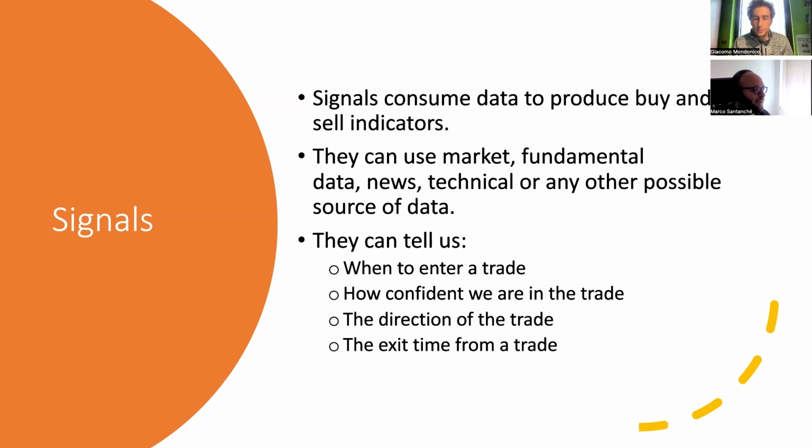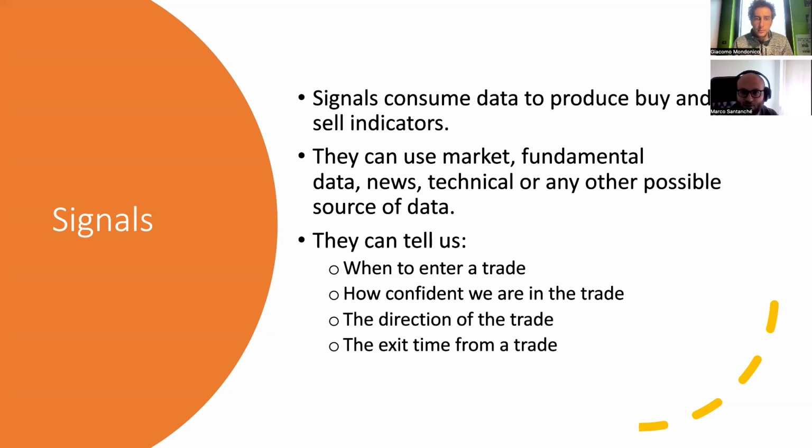And signals can tell us when to enter a trade, so we could run a signal iteratively at every new data point, or every n new data points, to find when we need to enter into a long or short trade, and how confident we are in the trade. The signal could have a magnitude, and the magnitude tells us how important it is to go long compared to other times, as well as the direction of the trade.